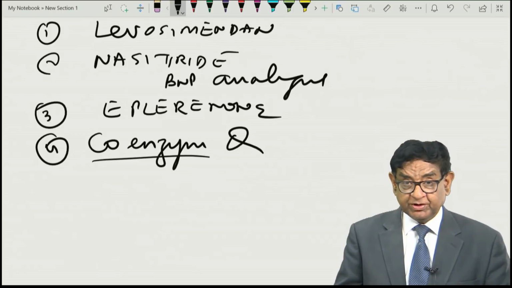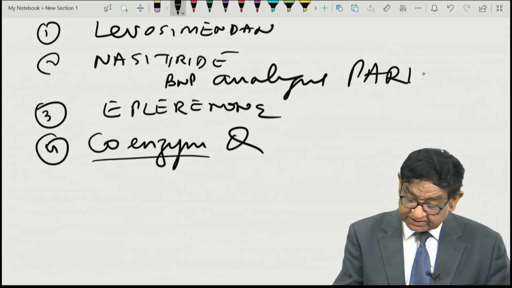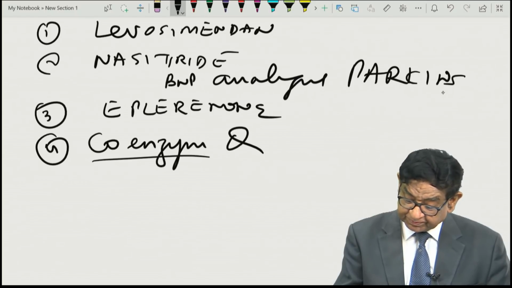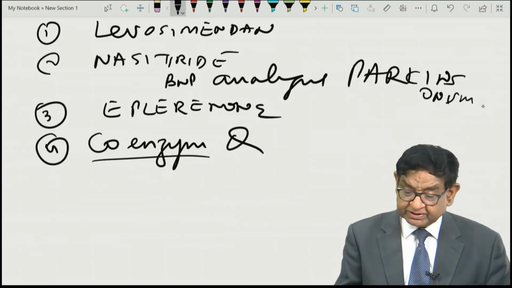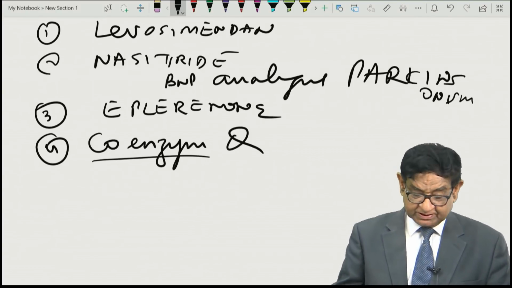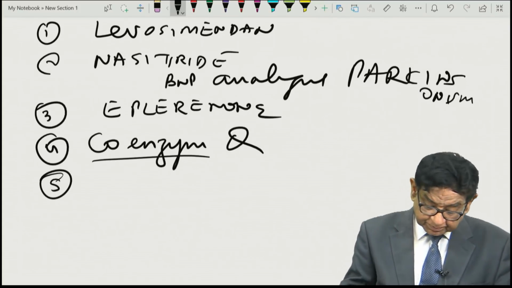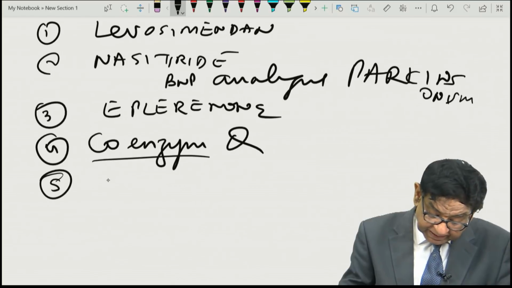Well, I'm sure you have written the answer. Answer is Parkinsonism. In Parkinson disease also, what they say is that if you use coenzyme Q, it reduces the progression of degeneration in Parkinson. So we continue. Another new drug is omecamtiv mecarbil.